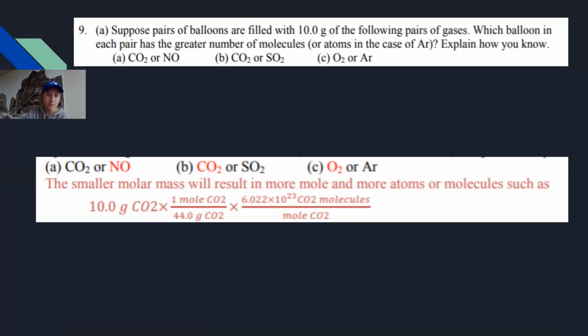So like the CO2 is 44.01 actually, but the nitrogen oxide is just going to be, I think, 30 or 30.01 maybe. And so since the nitrogen monoxide has a smaller molar mass, it's going to have more molecules because you're dividing by a smaller number.